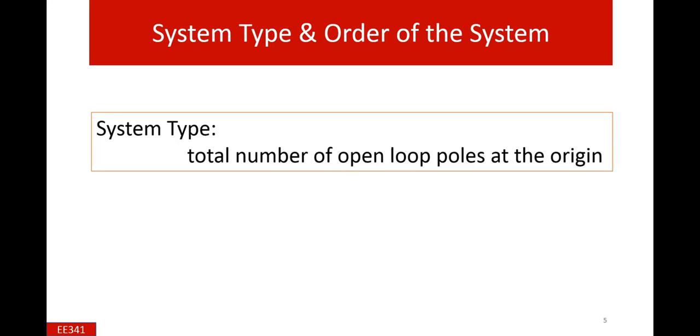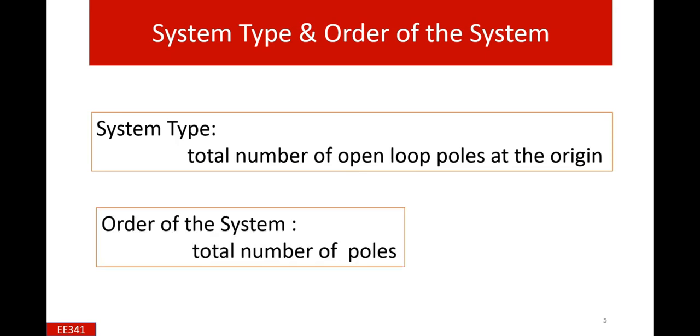If there is no pole at the origin in the complex plane, then this is a zero type system. If there is one pole at the origin in the complex plane, then this is a type 1 system, and so on. And what is meant by the order of the system? The total number of poles in a system is the order of the system.